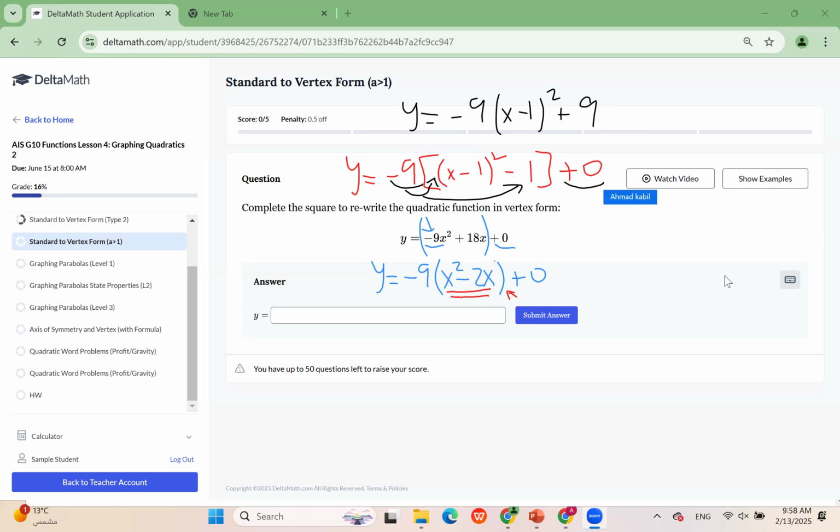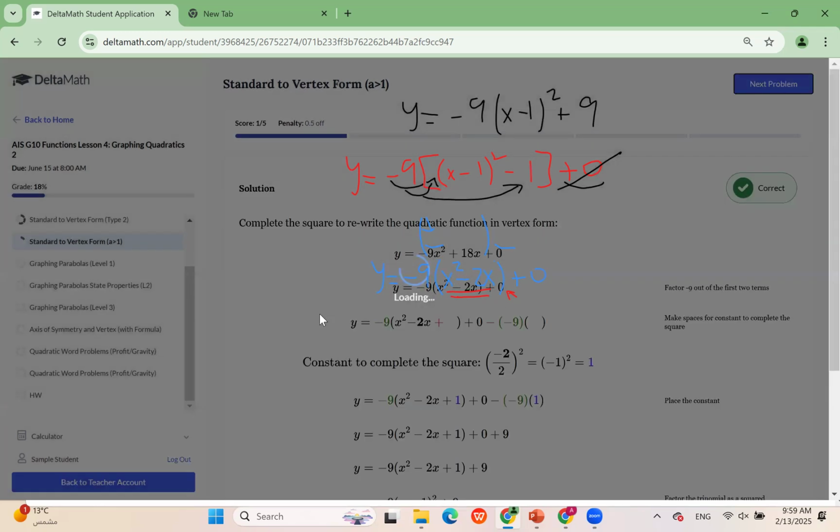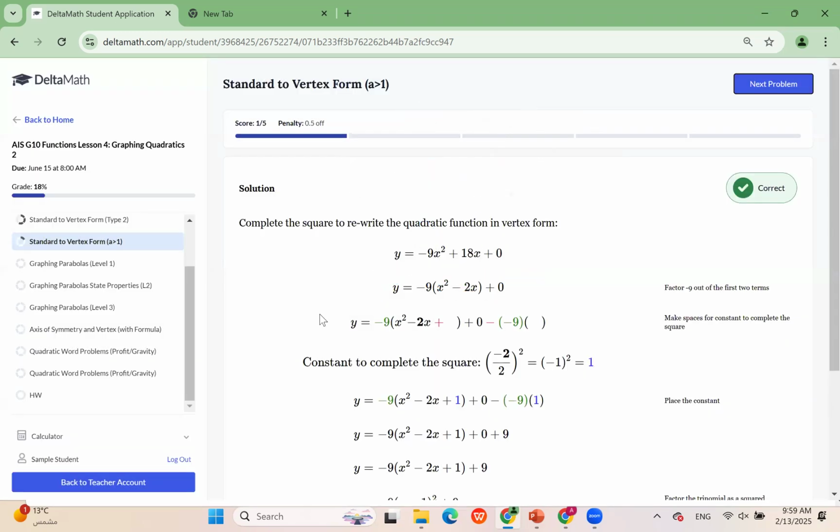Normally, if this were anything else but plus 0, we would add it as well, but plus 0, of course, is just discarded. So we have y equals negative 9 x minus 1 all to the power of 2 plus 9, and we're done. Let's try another problem.